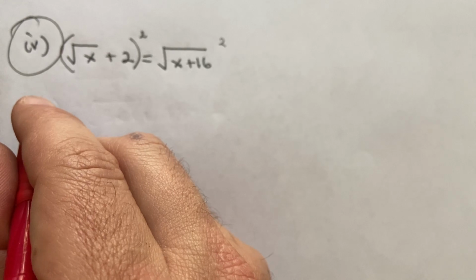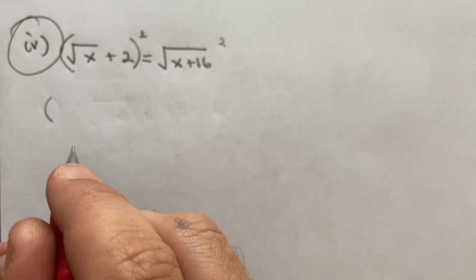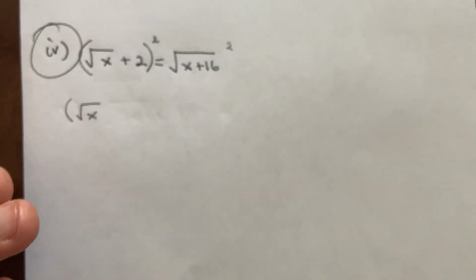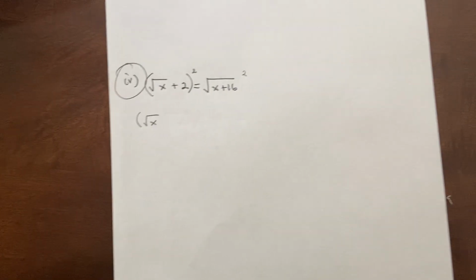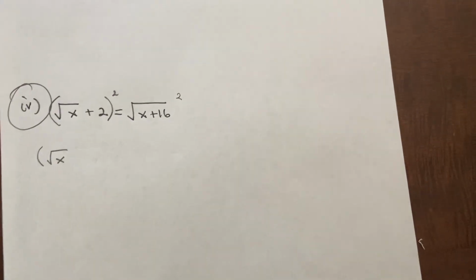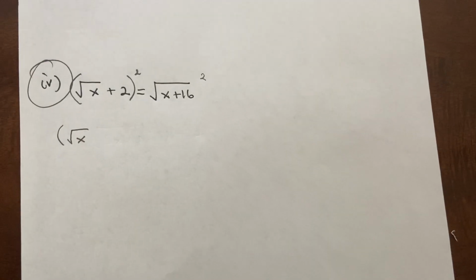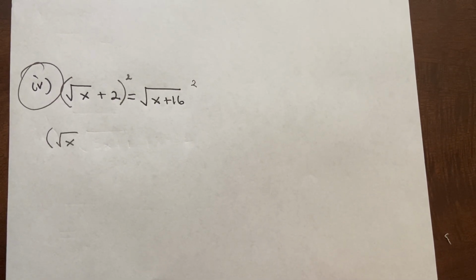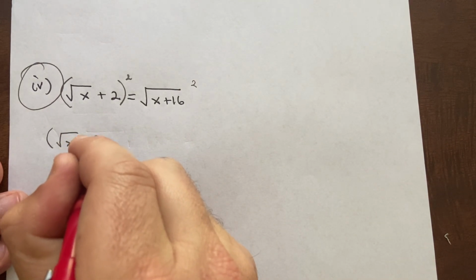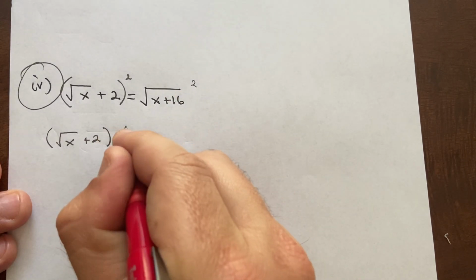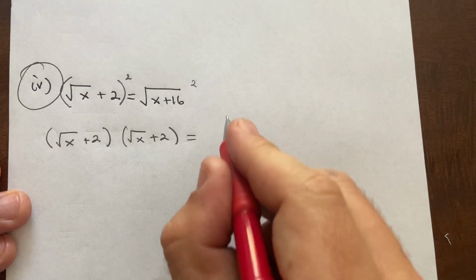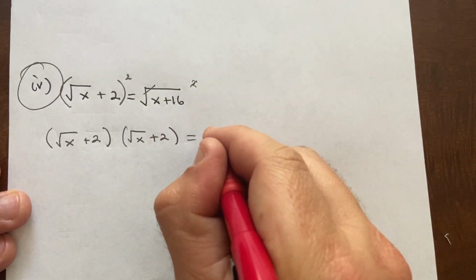So in other words, on the left, we'll have root x plus 2, and then root x plus 2, that'll be happening on the left, and then this cancellation just takes effect.